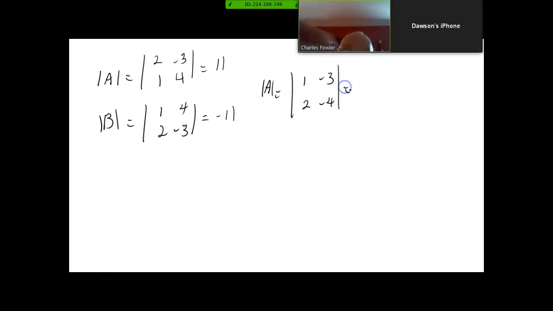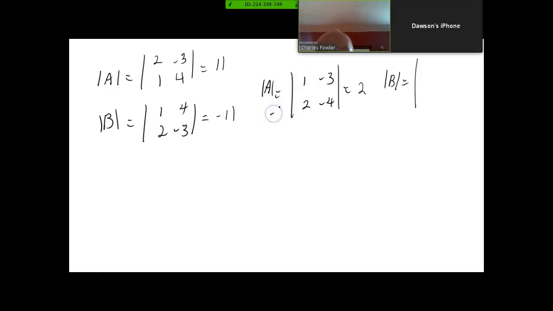What's its determinant? 2. Perfect. Okay. Now this time, our matrix B, we're going to obtain by row reducing.